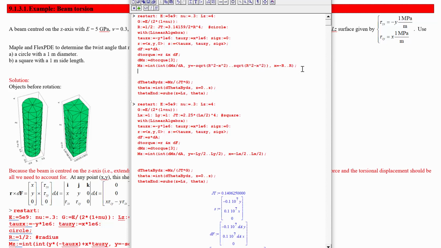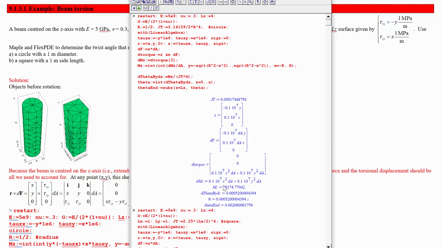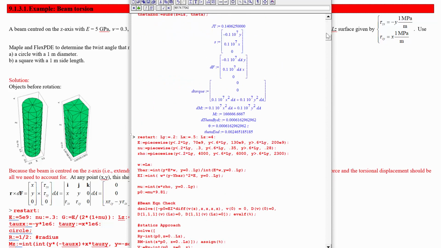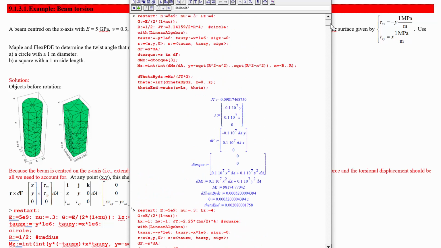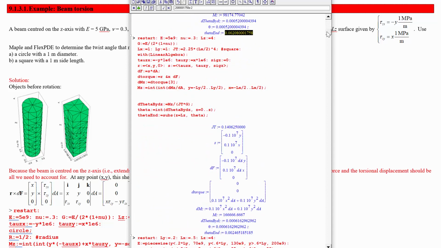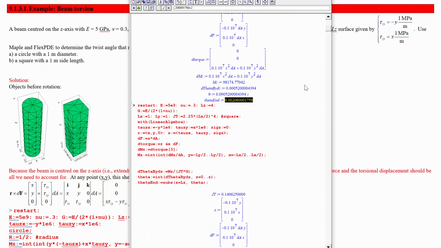Right, so now we should have something that gives us a moment, and the moment should not be as big as the moment was last time because we don't have as much of that area as we did before. The twist angle that we get for this one is actually lower because the moment seems to have reduced by more than the torsion constant reduced by.